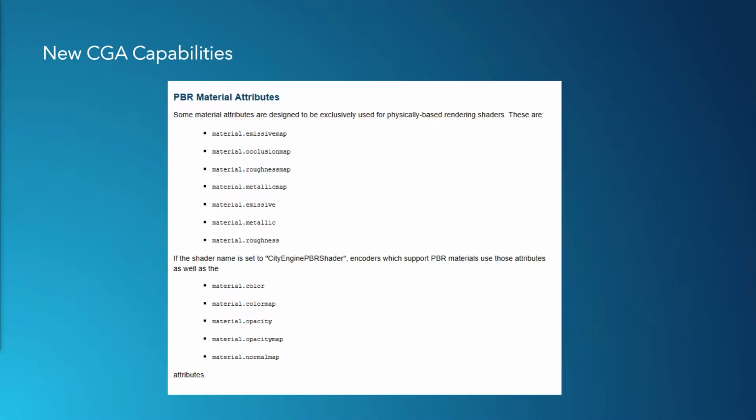We basically added new CGA material attributes. We now have support for this roughness I mentioned, the metallic aspect. Then the two ones I didn't really introduce: the emissive, which is just if an object has itself a glow or a color, and the occlusion, which is kind of an acceleration technique to pre-compute self-shadowing.